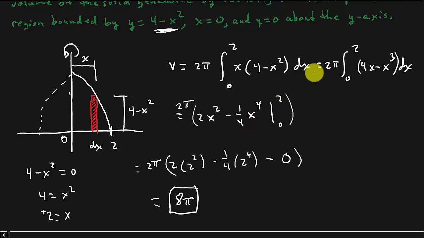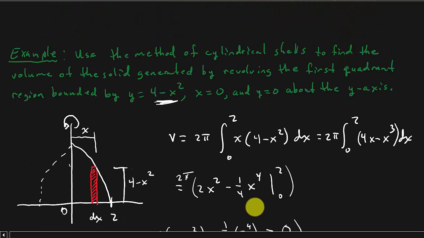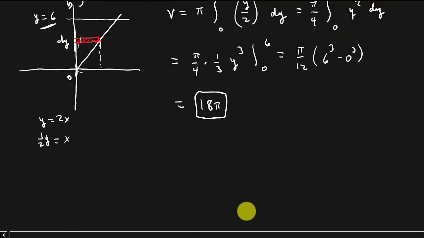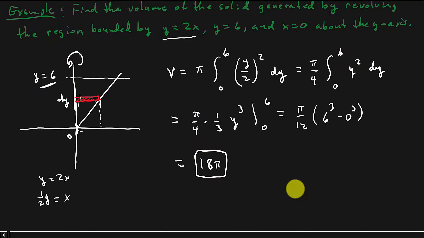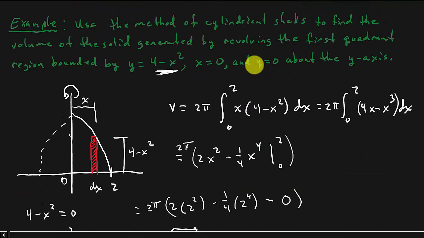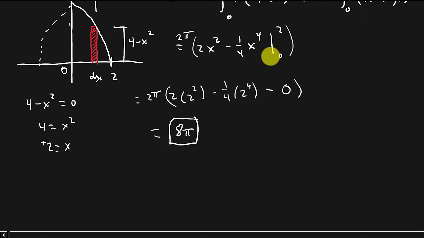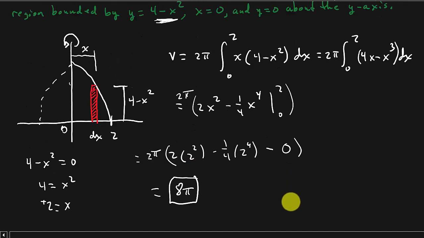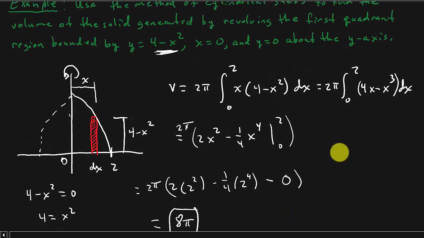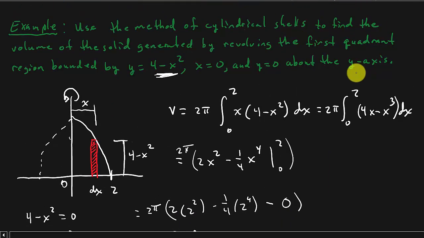You're sitting there concentrating on integrating this thing, you just forget all about that 2 pi, just like in these problems here, you might forget pi. I'm kind of glad I forgot it, so I would remember to mention that to you. So there's your answer. So that was using the shell method, revolving it about the y-axis.